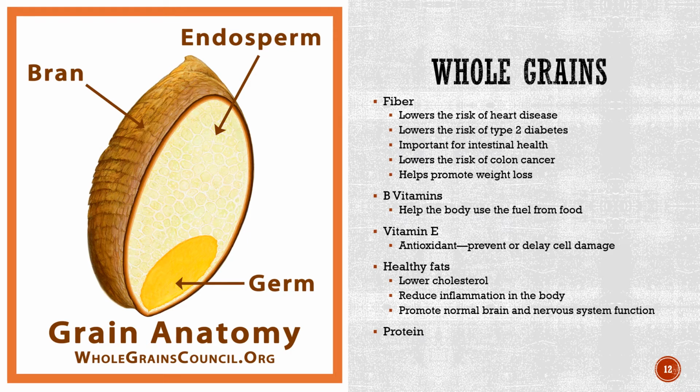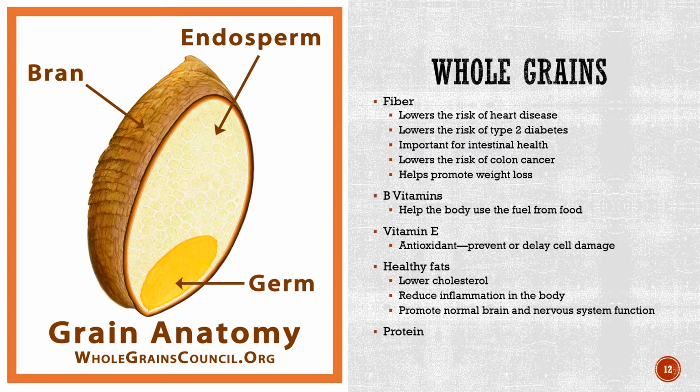And the protein that is found in whole grains serves multiple purposes in the body. For instance, protein is important for structural components such as muscles, bones, teeth, cartilages, and even blood vessels. Proteins also help transport fats, vitamins, and minerals.